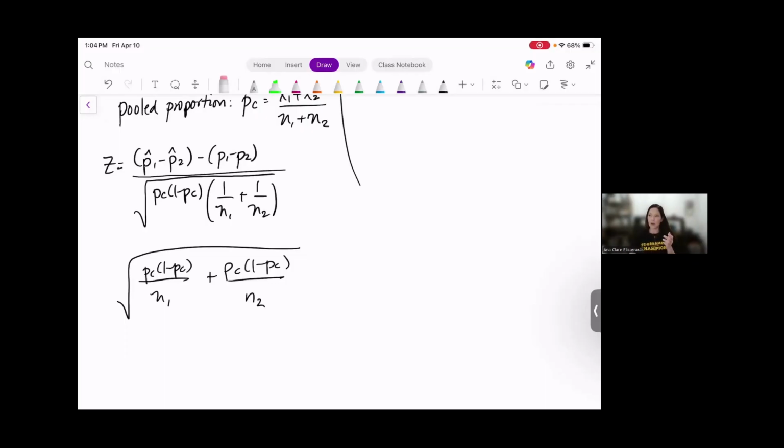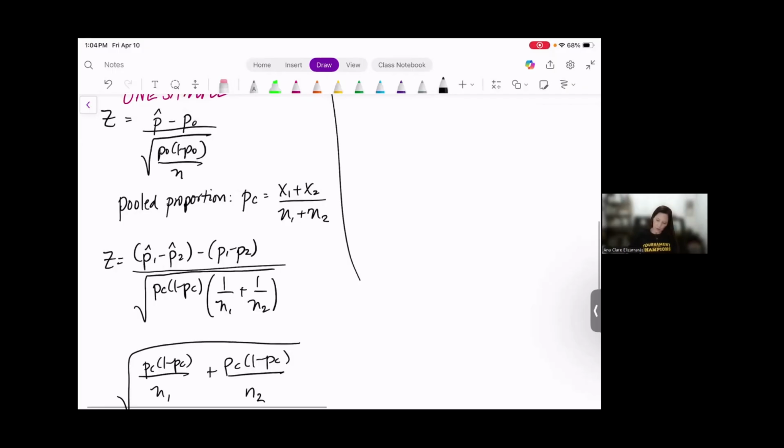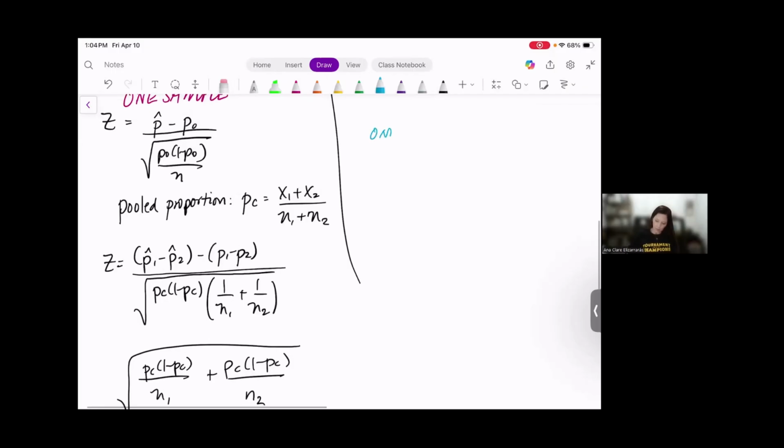For a mean, our t-score is going to be very similar. Remember, in your one sample, we had t equals x bar minus the hypothesized value over the standard deviation of the sample divided by the square root of the sample size.